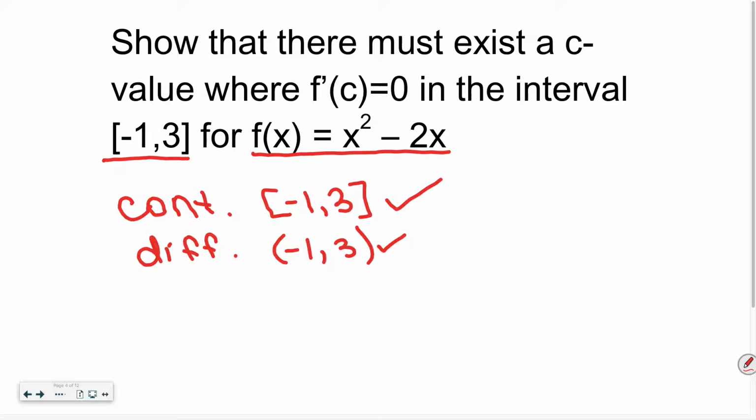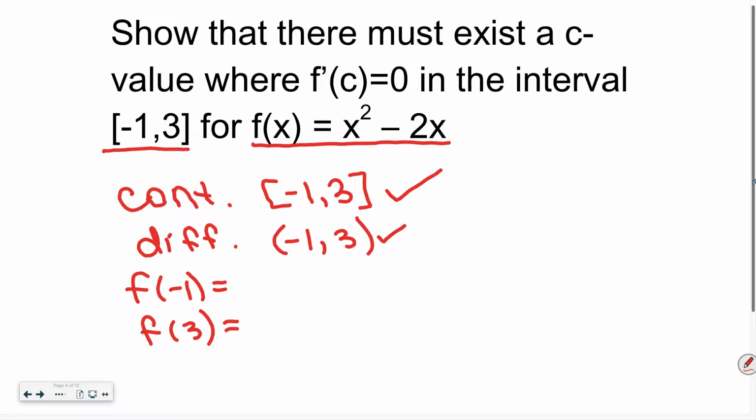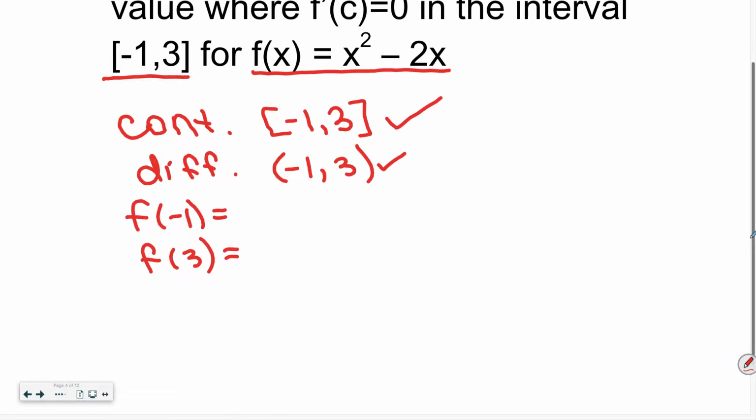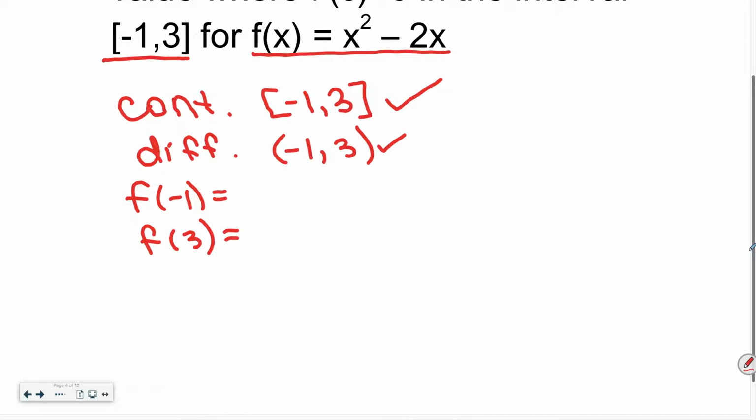Now I need to figure out if I can use Rolle's theorem or not. The only way to use Rolle's theorem is if -1 and 3 have the same function value. When we plug -1 in for f, -1 squared minus 2 times -1 would give us 3.